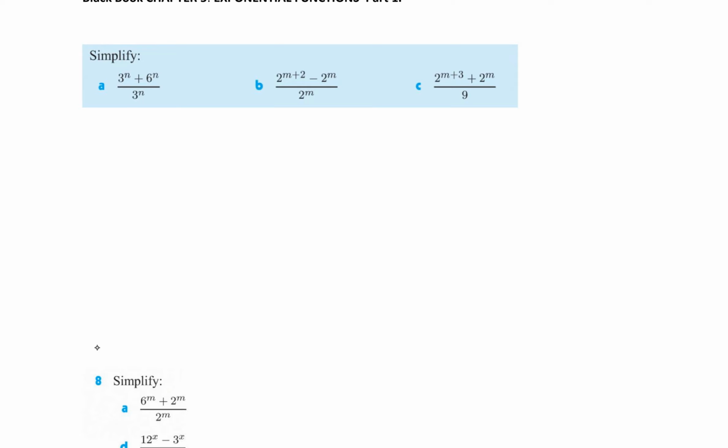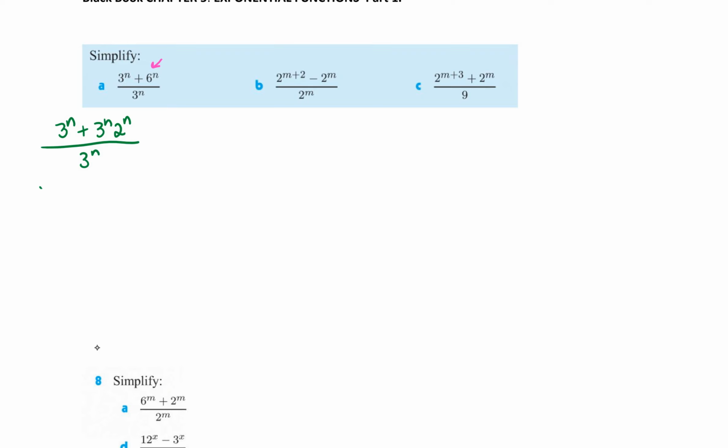So we need to think about if there is a common factor inside that 6 to the n that we could then factor everything out. And we already talked about in the previous problem that we could rewrite 6 to the n. So we have 3 to the n plus 3 to the n times 2 to the n, and all of that is divisible by 3 to the n.